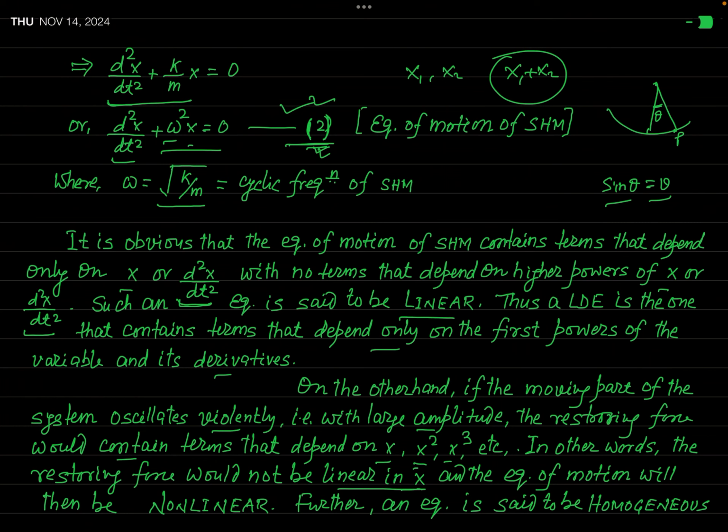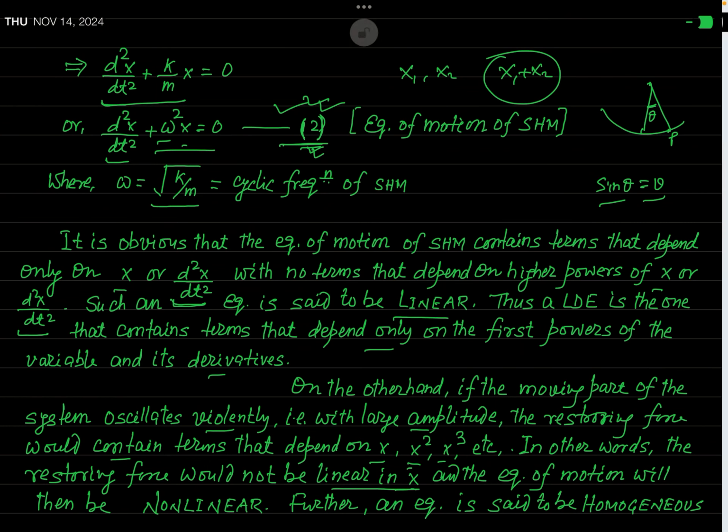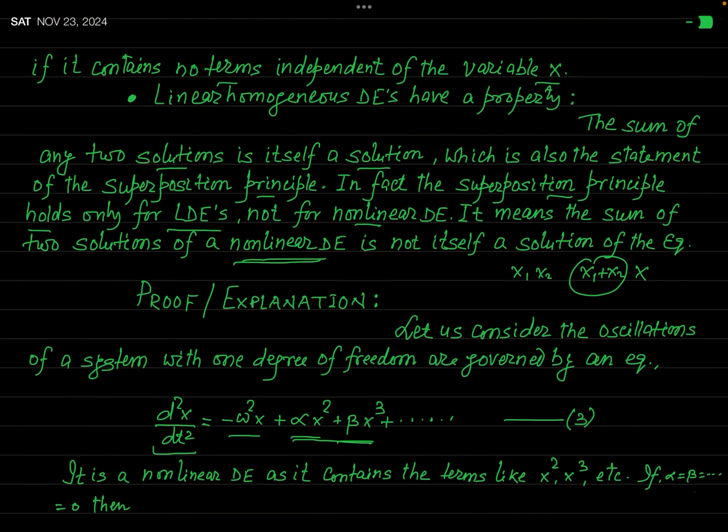Then this is a linear differential equation, you can see. But along with this term minus omega square x, if you consider the terms containing the higher powers of x, then this equation is a non-linear differential equation.